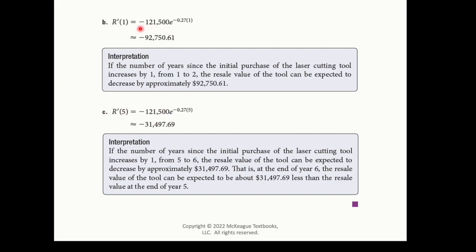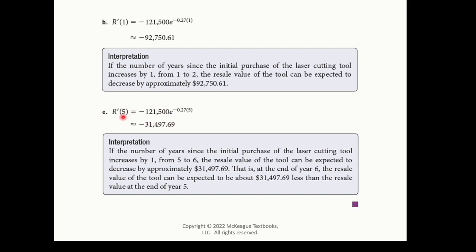If we were doing a tangent line, this would be the slope of the tangent line at 1. So if I made a jump from 1 to 2, where this is sitting at 1, I could use that slope of the tangent line to estimate what we would lose from 1 to 2. So that's what this is saying.